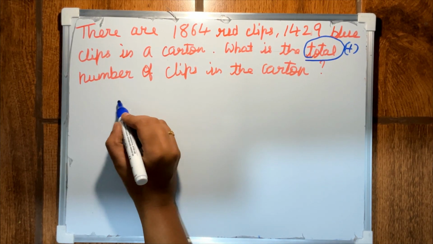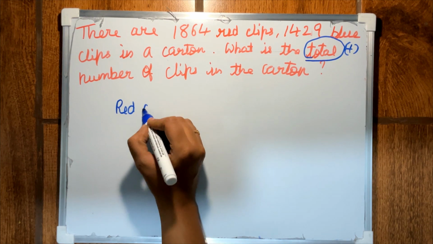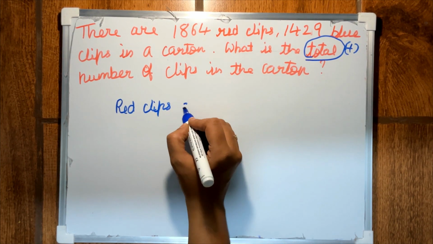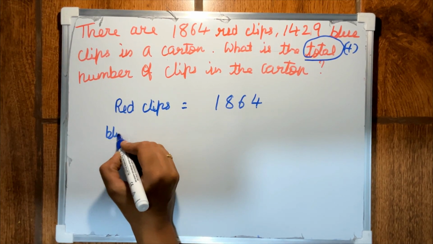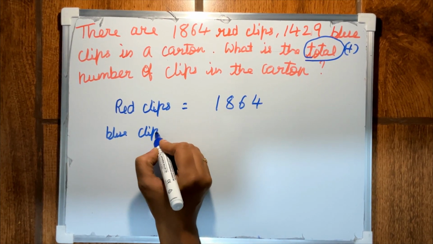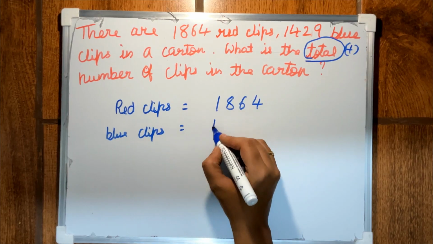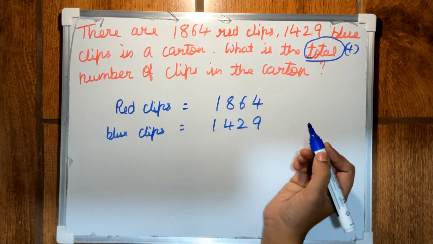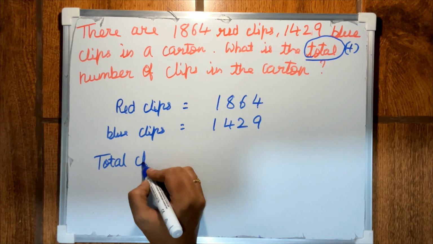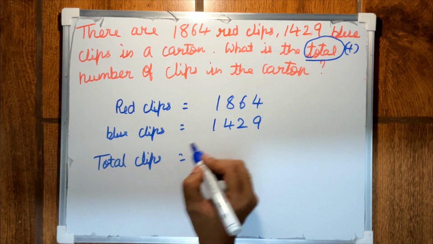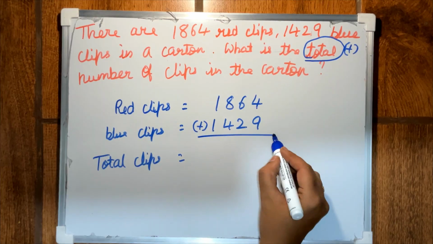First, how many red clips are we having? 1864. How many blue clips are we having? 1429. We have to find out the total clips. Total means we have to add.